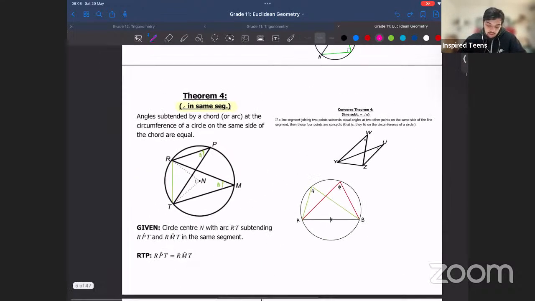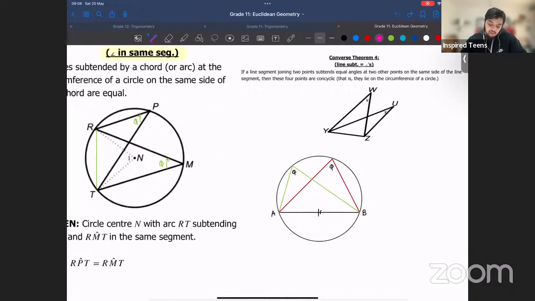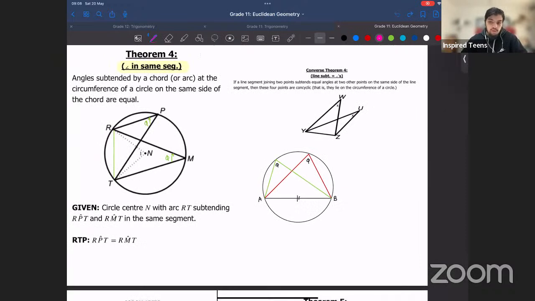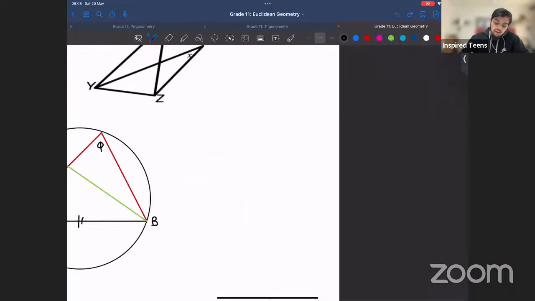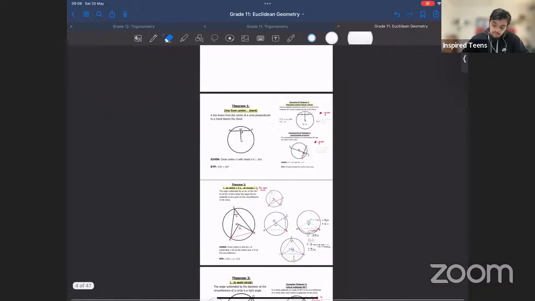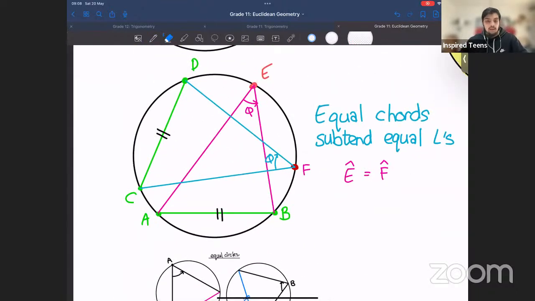Then we discussed angles in the same segment. Basically these are angles subtended by equal chords. In this specific case, the equal chord happens to be the same chord. But angles subtended by equal chords don't even have to be the same chord. We did this example here, for example: equal chords subtend equal angles.